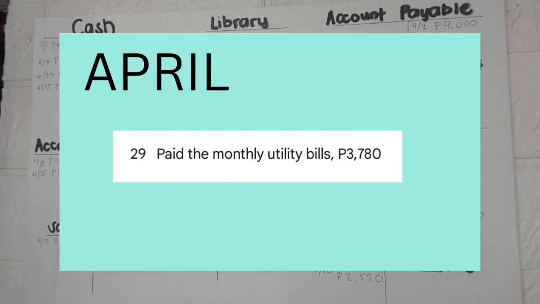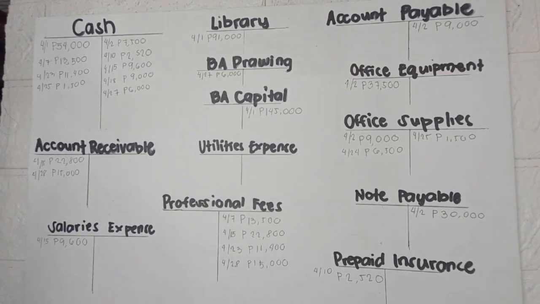On April 29, paid the monthly utility bills, cost 3,780. So the account titles will be utility expense and cash. The 3,780 on utility expense will be on the debit side, and the cash will be on the credit side.